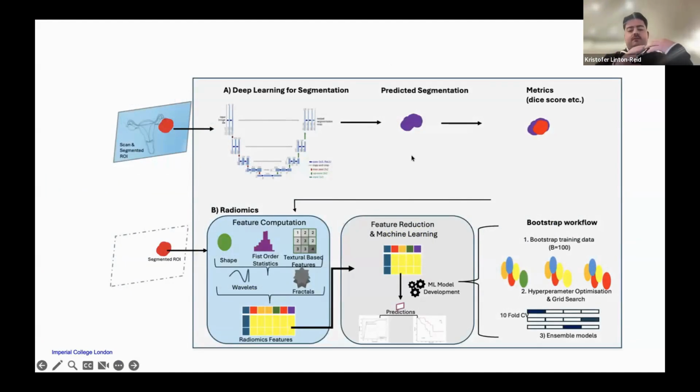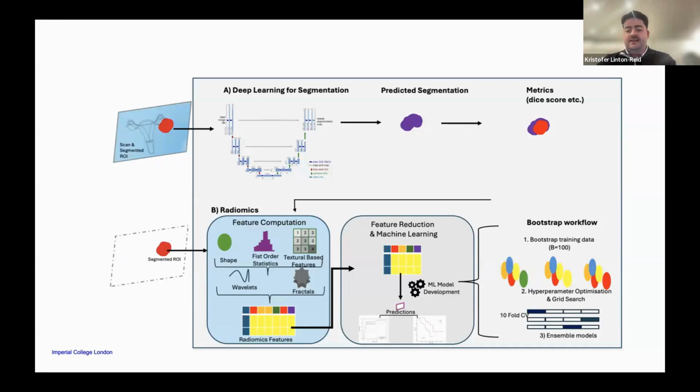So the way we tend to work with these studies is we break it down into two components. The first being deep learning and radiomics, and then end-to-end deep learning alone. And what I mean by deep learning and radiomics is often when we're looking at a scan, we want to identify, first of all, the region of interest.